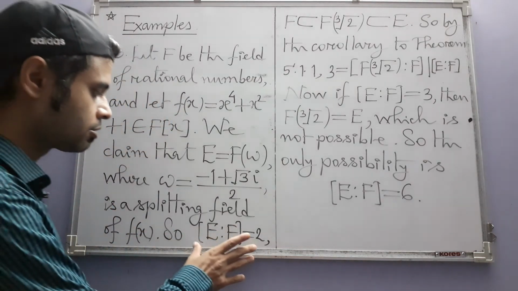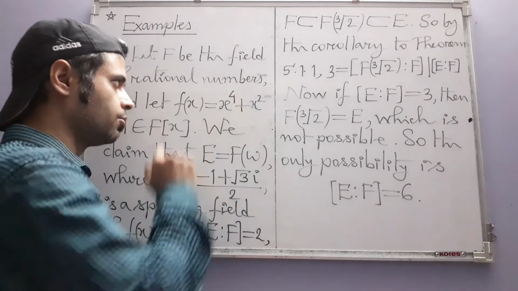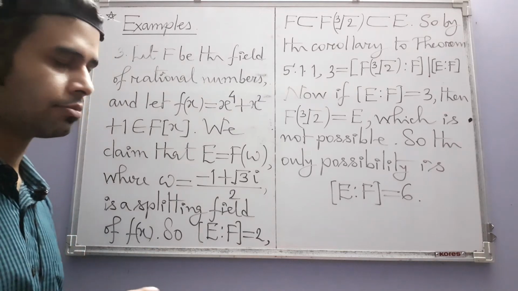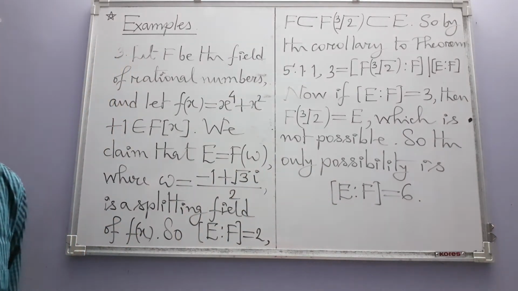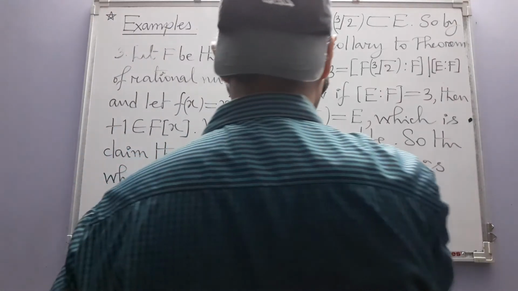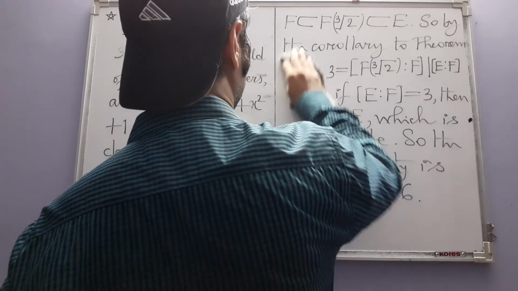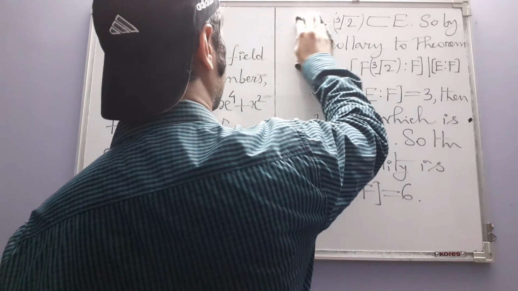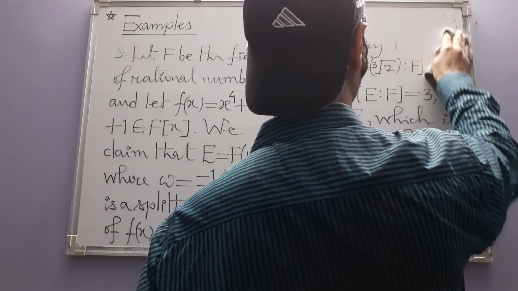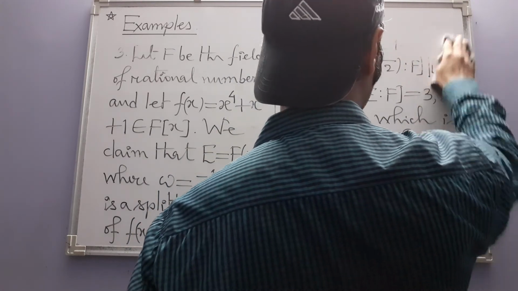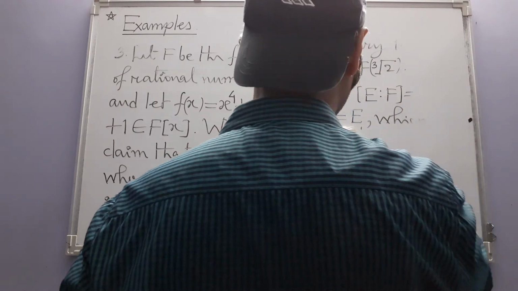And this 2 of course is much smaller than the factorial of 4, which is the degree of the original f(x). There we got that equal. Here however it's much smaller. Four factorial is 24. So we do not need a 24-dimensional extension. A 2-dimensional extension suffices.